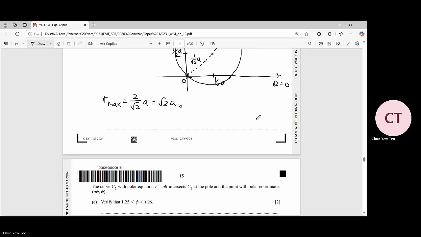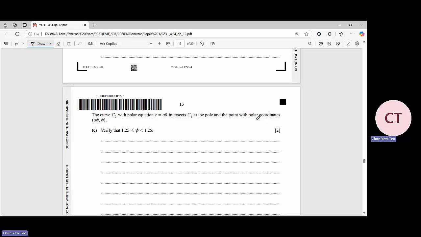Now we move on. The curve C2 with the polar equation r equal to a theta intersects C1 at the pole and the point with polar coordinates (a phi, phi). Show that phi is between 1.25 and 1.26. So over here, you should know that this one is a spiral. If you try to draw a circle here, and this is the center, the spiral, r equals a theta, goes like this.